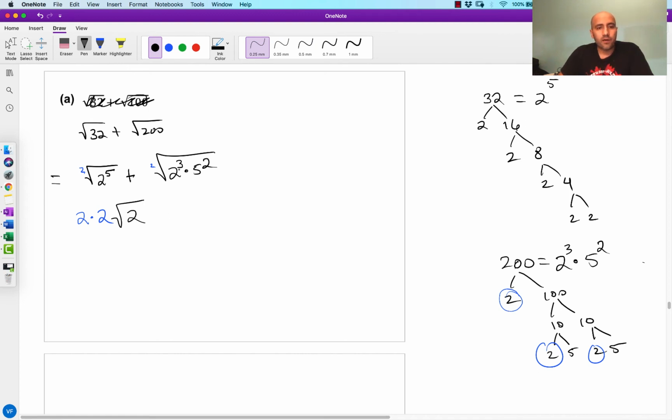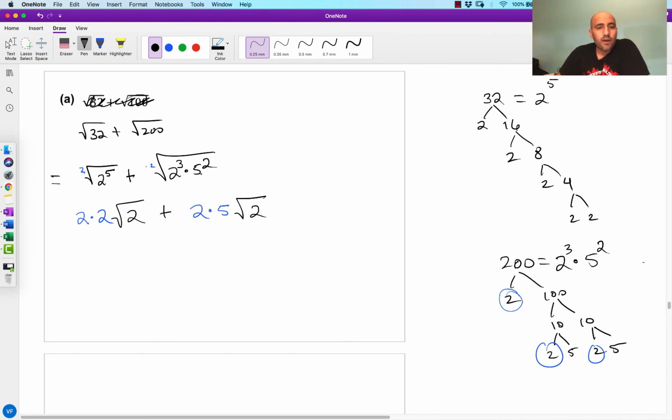Over here, only 1 copy of the 2 can come out, so plus, and let's say 1 copy of the 2 comes out, and there's going to be 1 more 2 inside there, and then 1 copy of 5 can come out. Root 2.